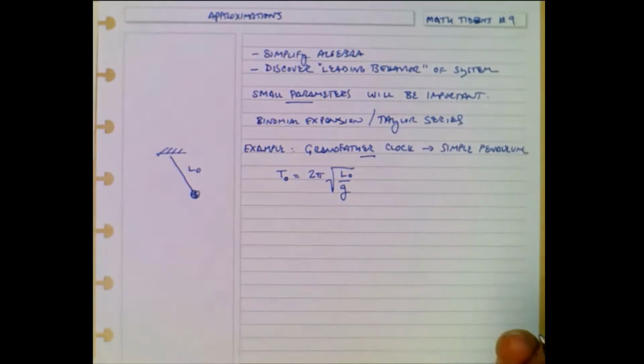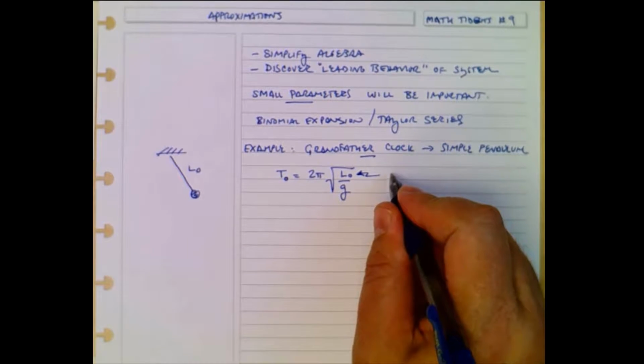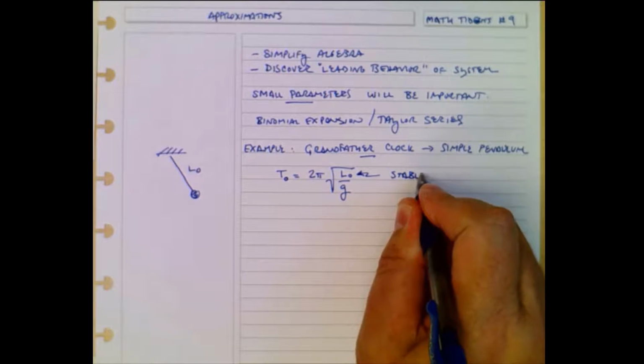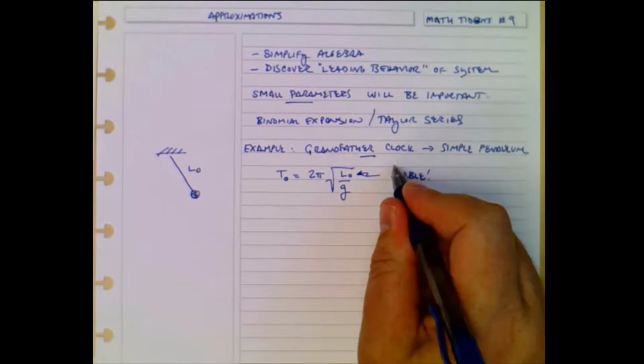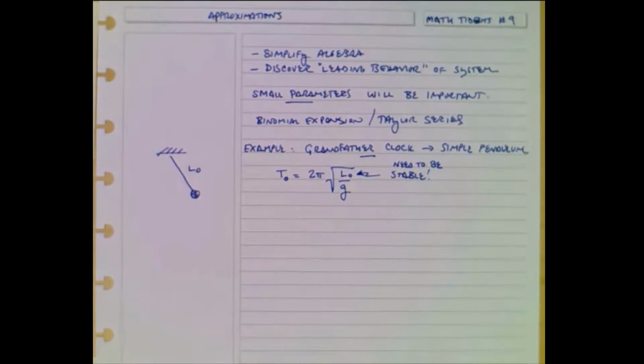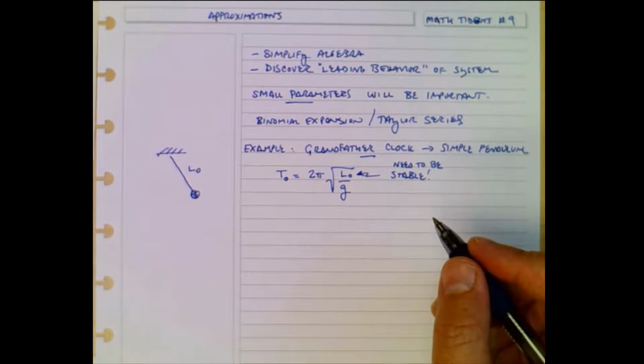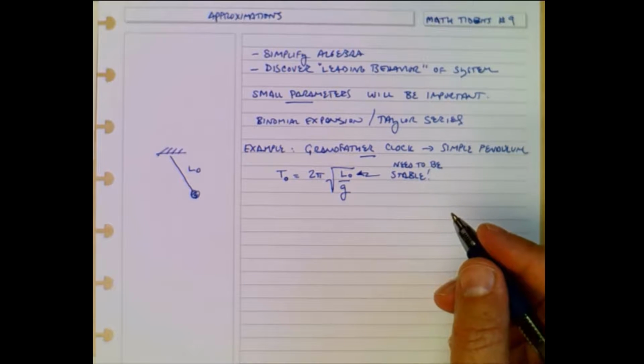But one of the things that's really important for a clock is that value L0 has got to be stable. Because if it's not, then the period isn't going to be constant. So it's useful to consider what happens if the length does lengthen a little bit. And we're really kind of interested in a really little bit.